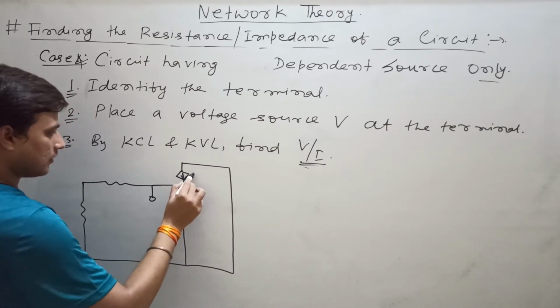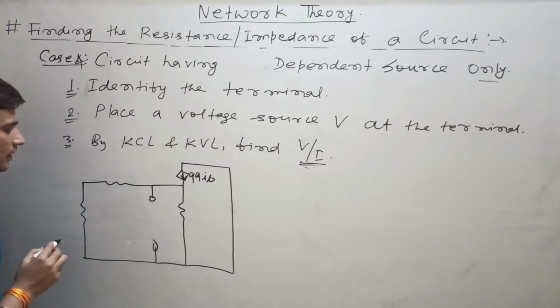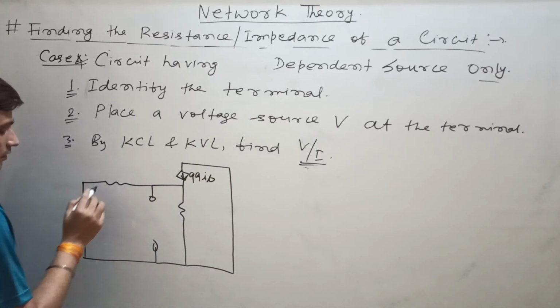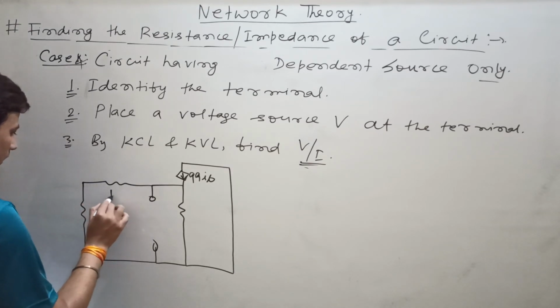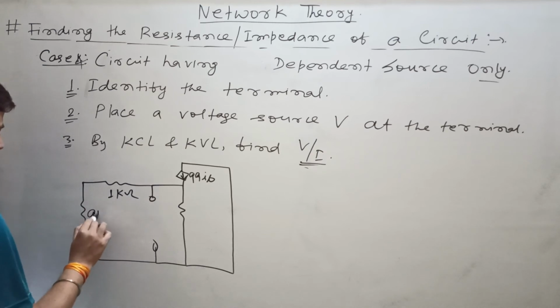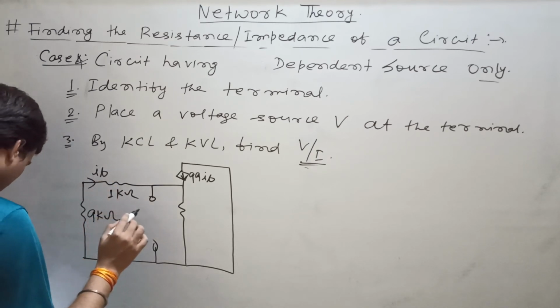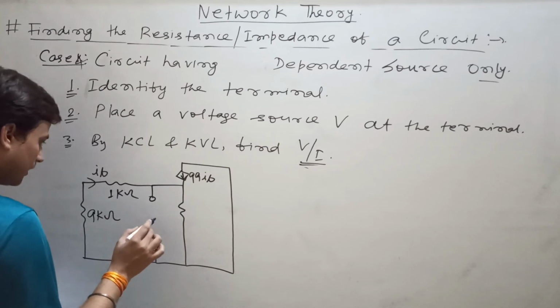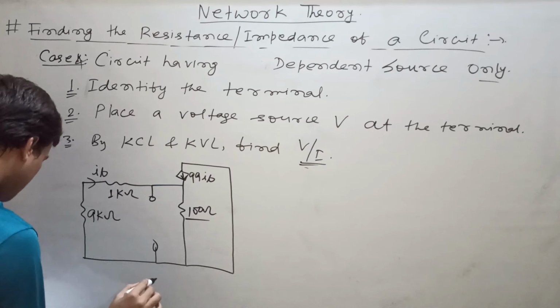Here it is 99 IB, and here it is 9K and 1K. 1 kilo ohm, 9 kilo ohm. This is current IB, and here it is 100 ohm, 100 ohm, 100 ohm.